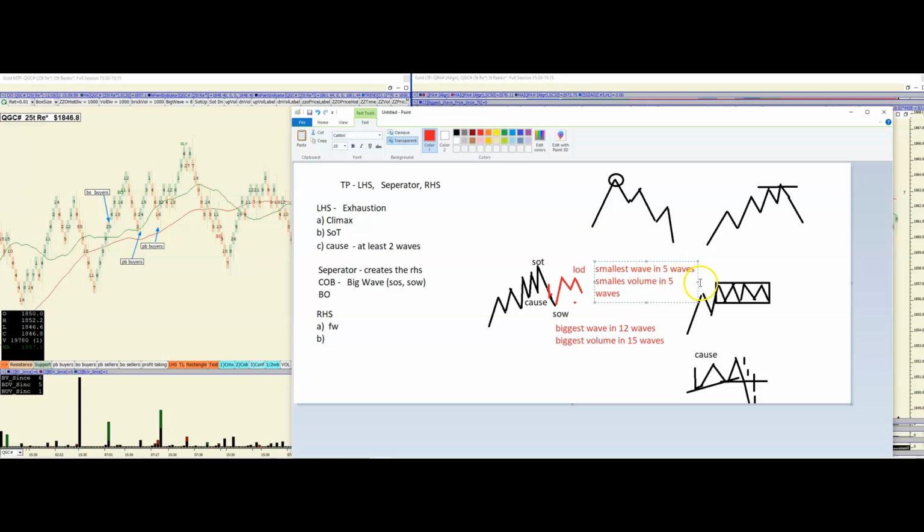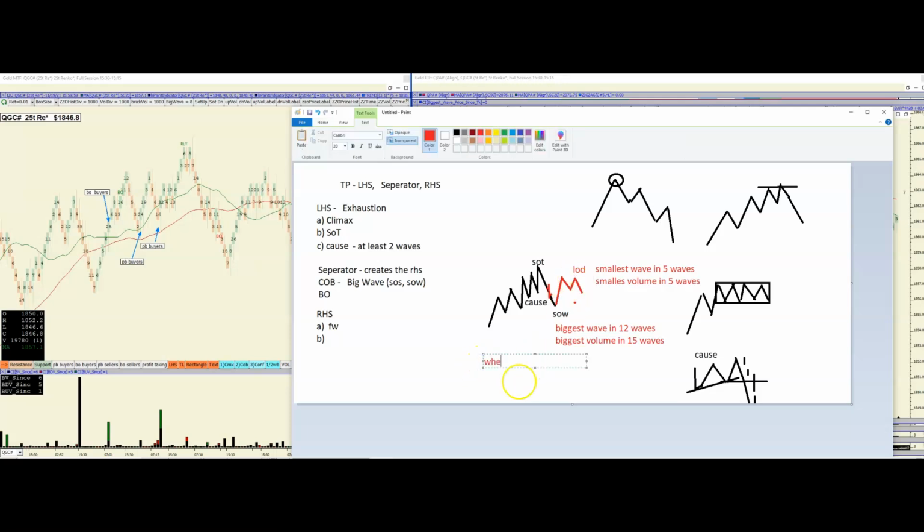So this is the key, because the lack of demand is the opposite of the sign of weakness. One is indicating massive strength in terms of supply, and the other is massive weakness in terms of demand.